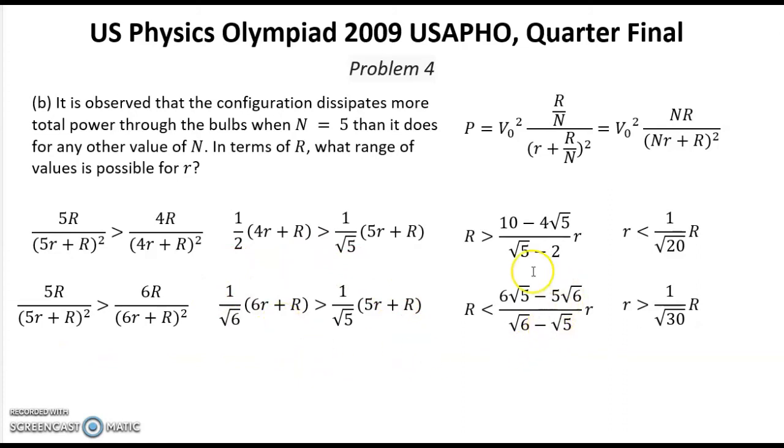After that we have this inequality, and multiply the bottom and top part by square root of 6 plus square root of 5. We will get this inequality. And the last step is to combine this and this. This is the result. So we have small r belonging to this range. That's it. This is the solution.